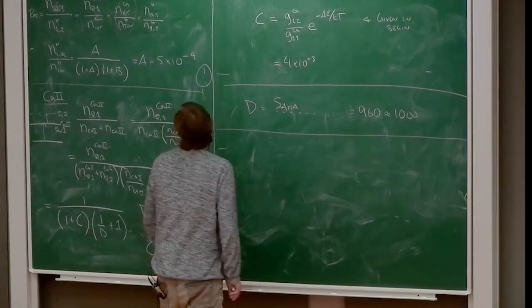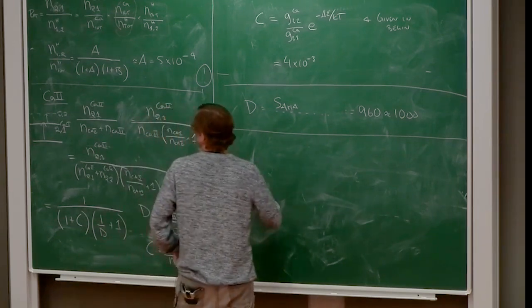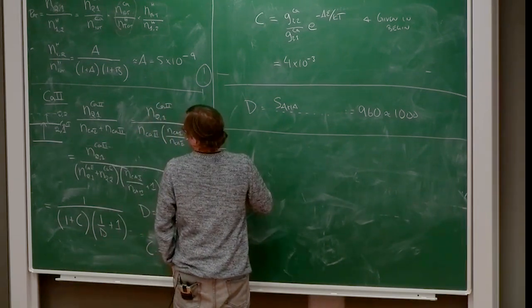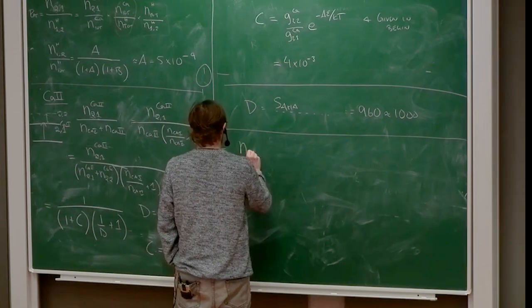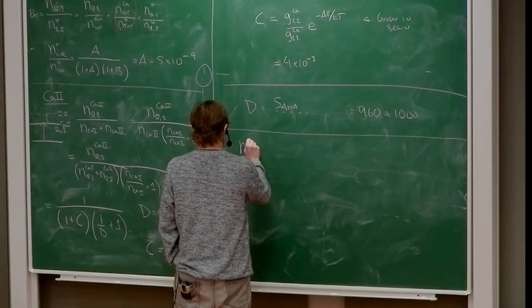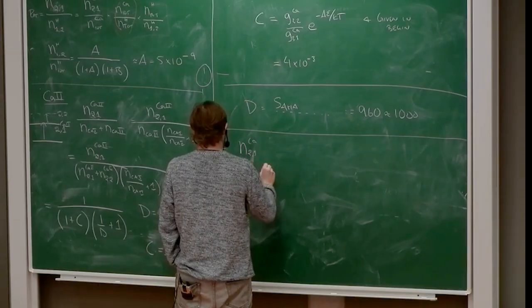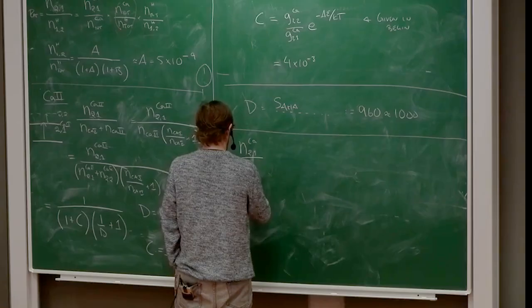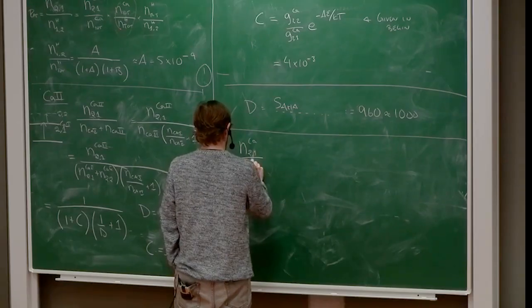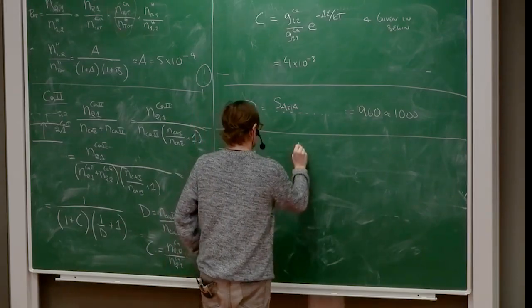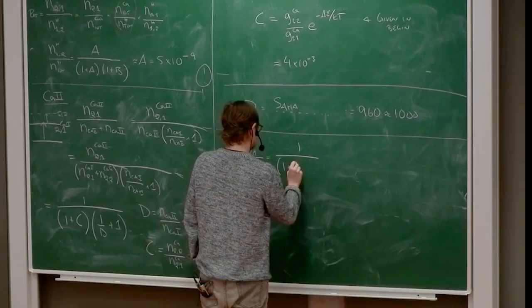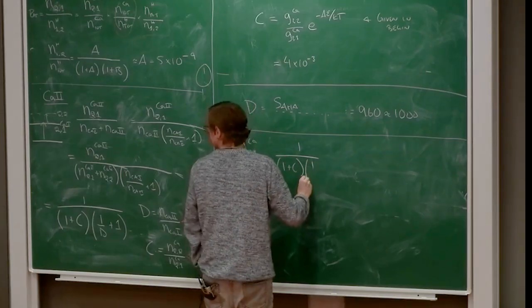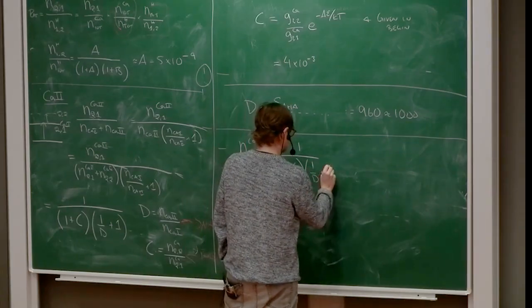So, if we put this back into our equation for the number density of calcium 2 over the total of calcium, we had it there, 1 plus C, 1 divided by D plus 1.